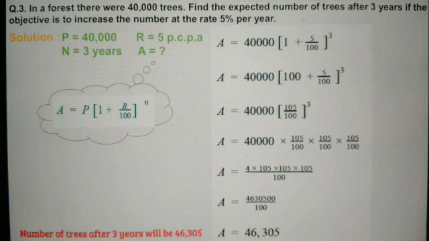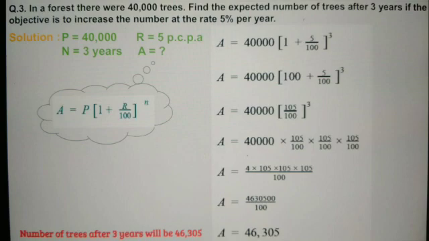Therefore A is equal to 40,000 into 105/100 into 105/100 into 105/100. After cancellation, A is equal to 4 into 105 into 105 into 105 upon 100.